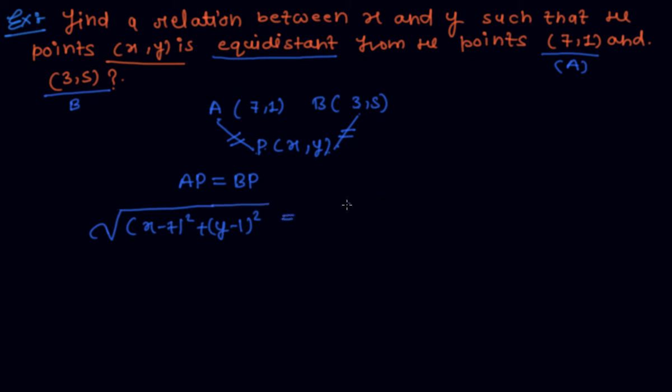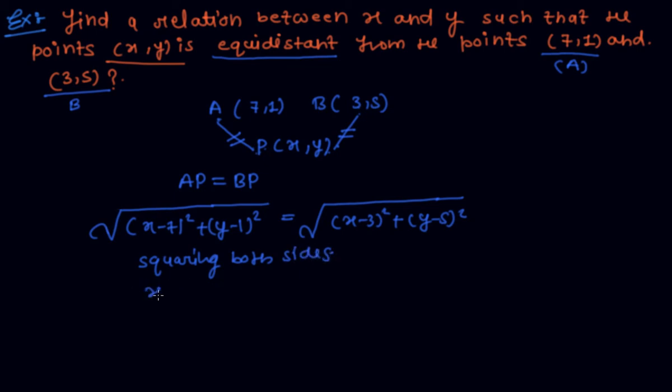Just apply distance formula. Again, under root x minus 3 square plus y minus 5 square. Squaring both sides, so x minus 7 whole square plus y minus 1 whole square equals x minus 3 whole square plus y minus 5 whole square.